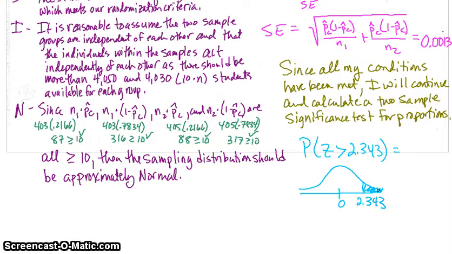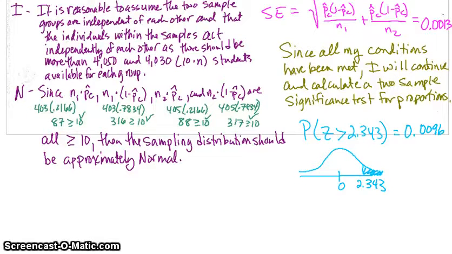Then I'm going to run normal CDF on that z-score. And if you do so appropriately, I'm hoping that you get 0.0096.